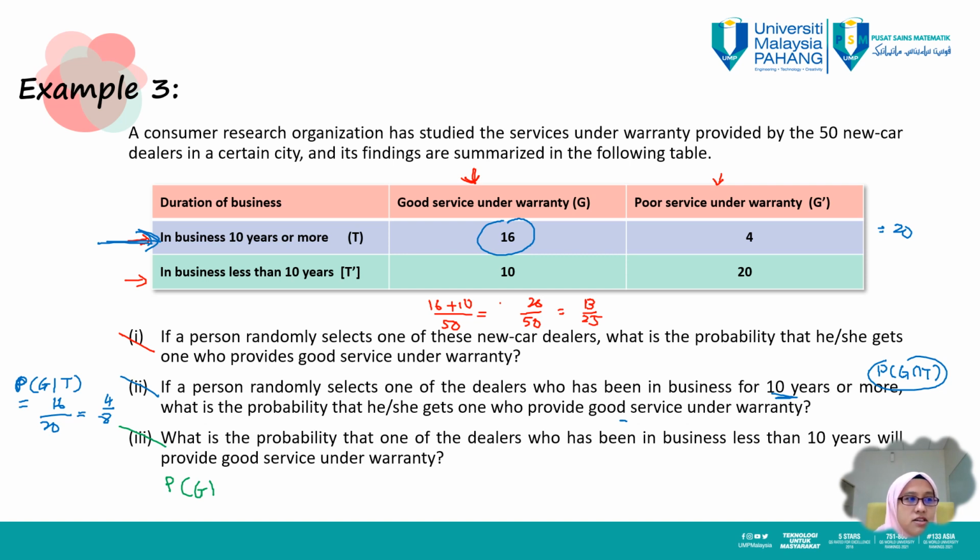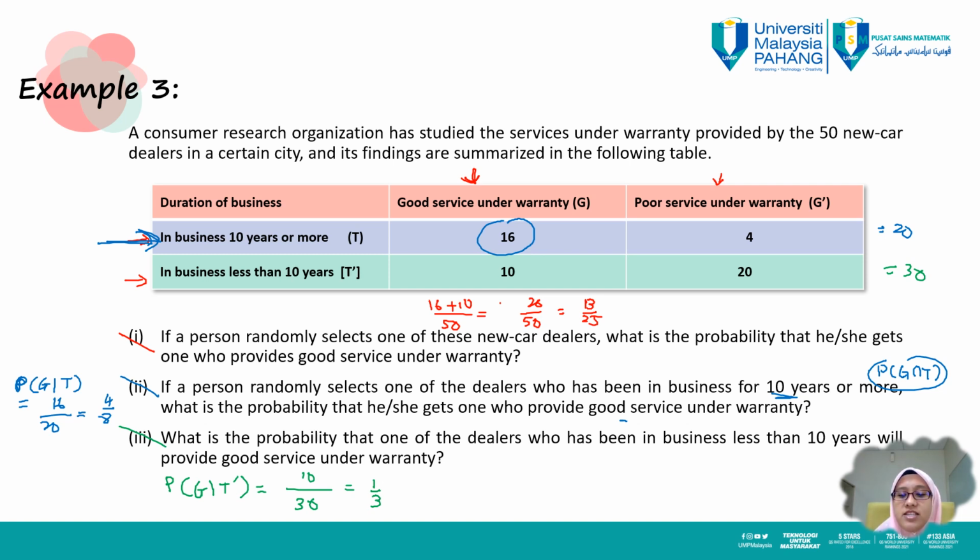So good is 10 here, and the total for less than 10 years is 10 plus 20, equal to 30. So 10 over 30 is equal to 1 over 3.